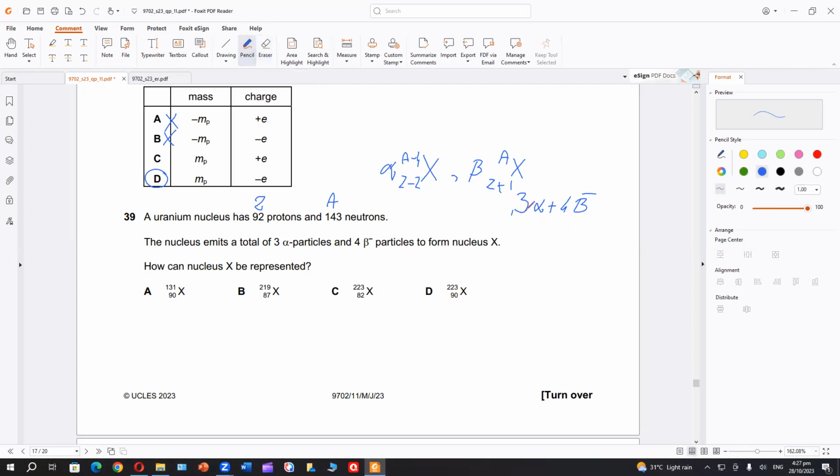So it is 143 minus 12 plus 0, because beta does not change mass number. How much is 143 minus 12? 131.